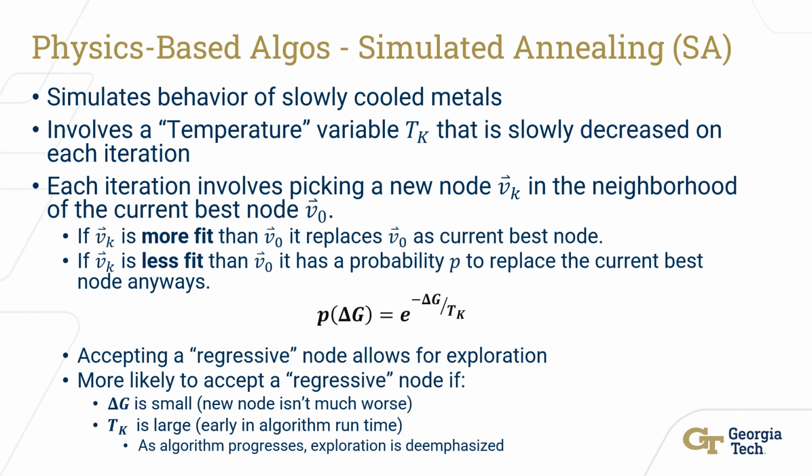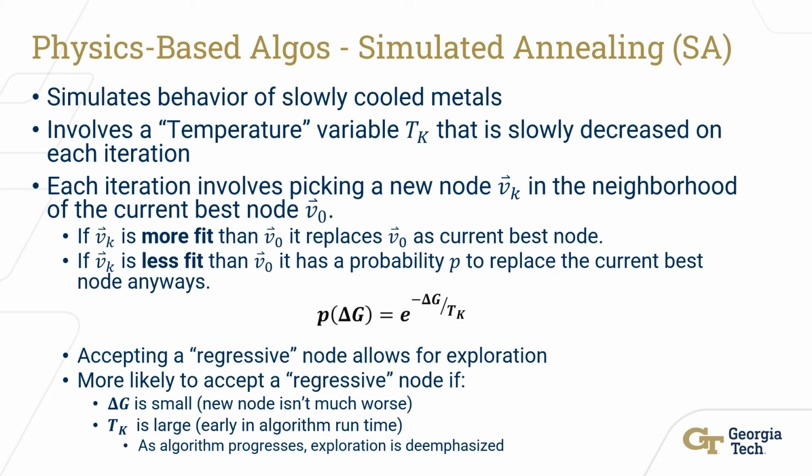Next, the simulated annealing method leverages the behavior of slowly cooled metals. Imitation of this behavior is achieved via the iterative random selection of nodes within the acceptable domain of the objective function. A node's fitness value is then compared to the best node thus far. If the new node is more fit, it replaces the previous best node. If the new node is less fit, it may or may not replace the previous best node.